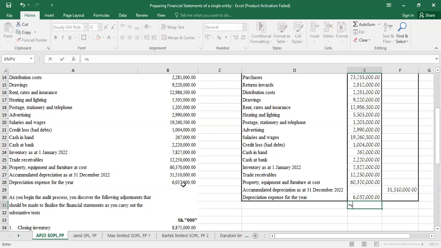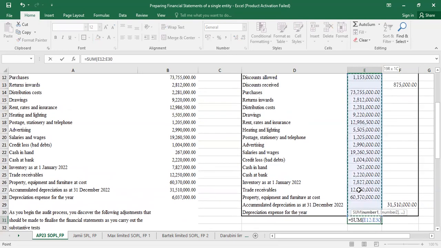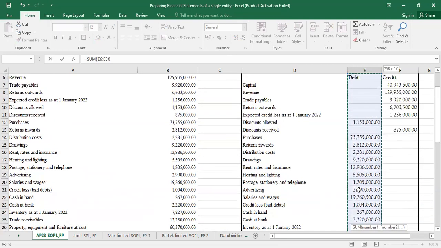So I'll do sum. I press tab, isn't it? Then I select everything. So I can just click here. Then I press Control Shift, up arrow, isn't it? And I must remember that I don't go over to debit. So I'll just drag up to there because, sorry, I'll have to repeat.